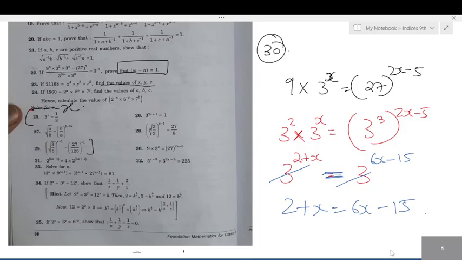And try even the 31st question. Convert 2 square, try even the 31st.